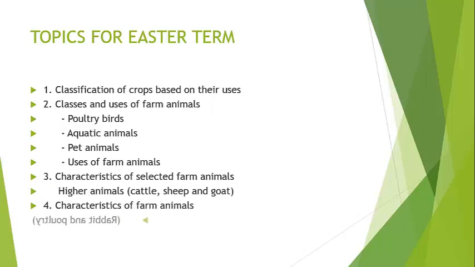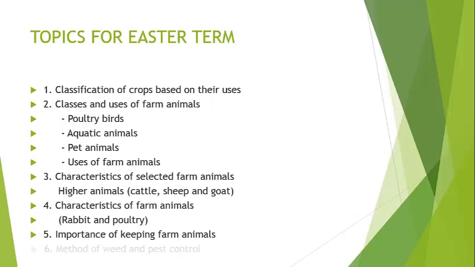Rabbit and poultry. Importance of keeping farm animals. Method of weed and pest control. Those were the major topics we considered in Easter term. As a way of revision, I want to go through these topics one after the other.